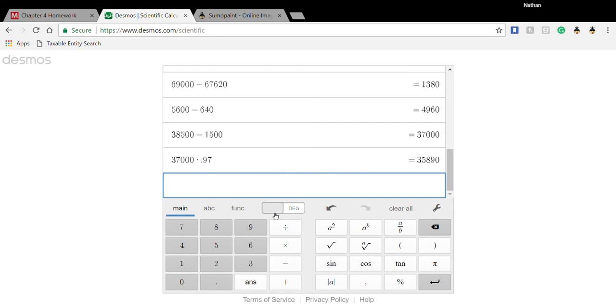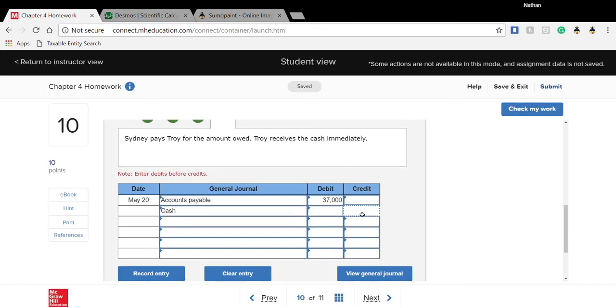To get the 97%, just take 1 minus 0.03, or 100% minus 3%, which equals 97%. So our cash, or the amount that we actually paid, was $35,890.